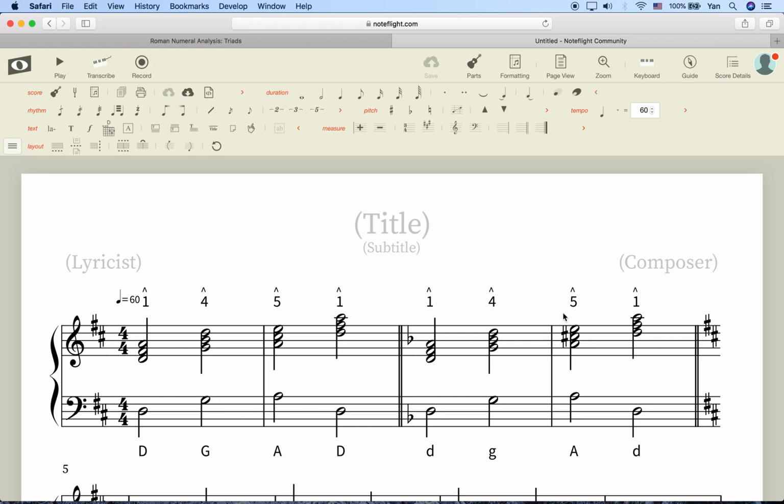C sharp, if you remember, is part of the D harmonic minor, which is that raised seventh degree. C is the seventh degree of D.